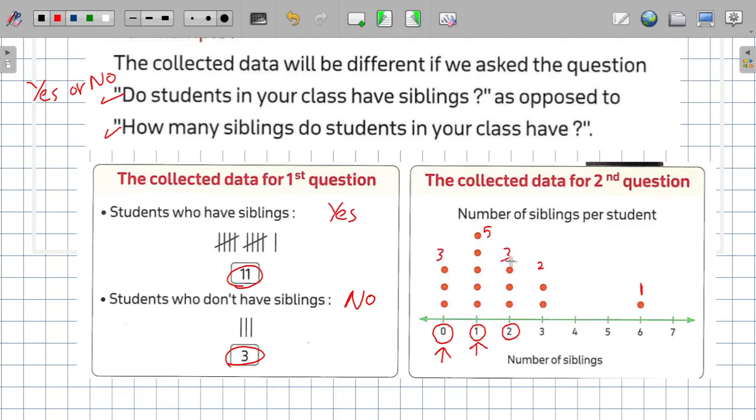So here I have 1 and here I have 3. So 5 plus 3 plus 2 plus 1 equals 11. So this is the answer of the first question here. And 3 does not have any siblings. So I think this is the second answer here. Okay.